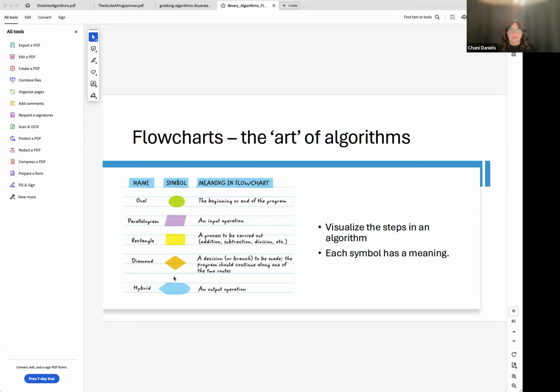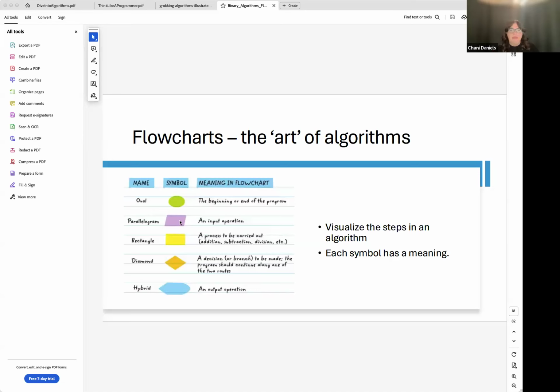So you can show something in a picture, how the flow is, and that picture could be so much easier to read and to understand at first glance than even pseudocode. So, the oval just represents the start and the end of a program.